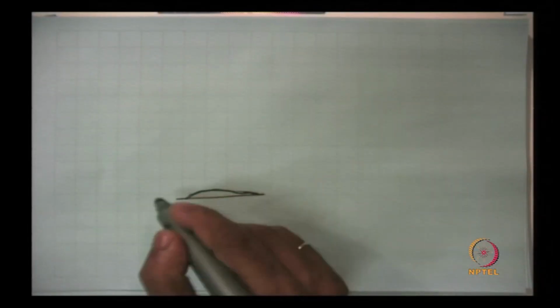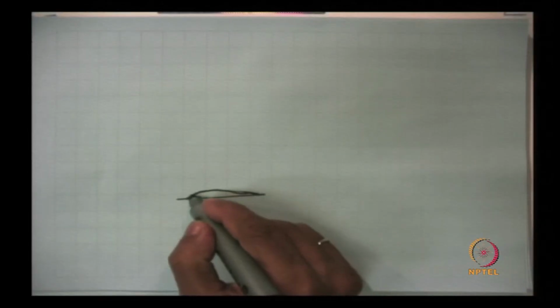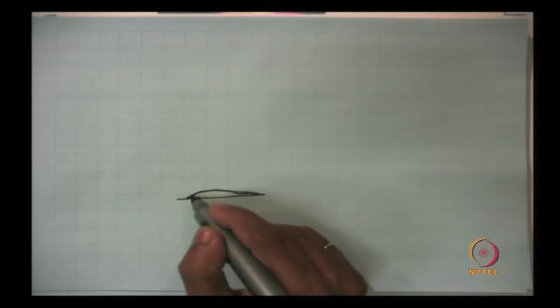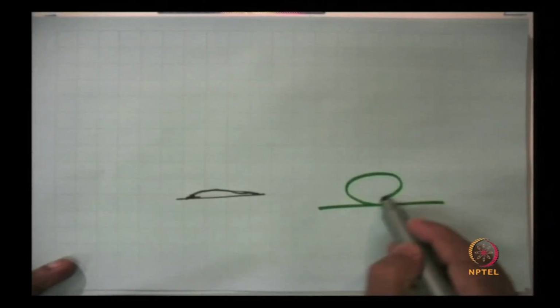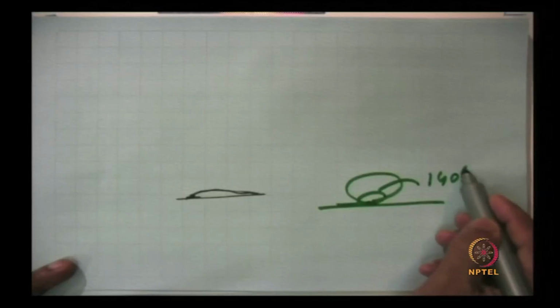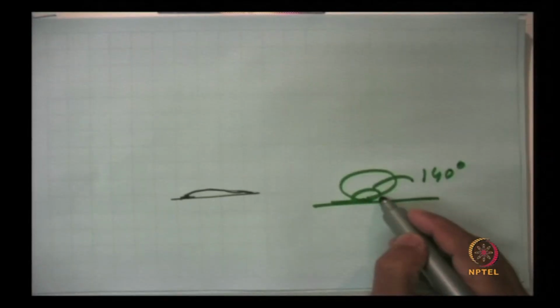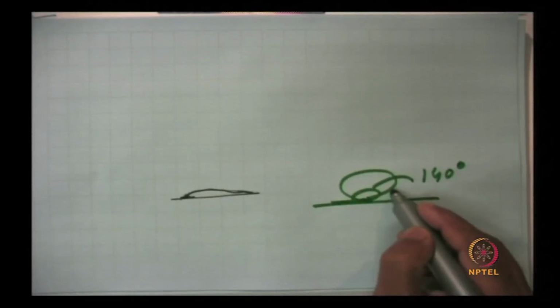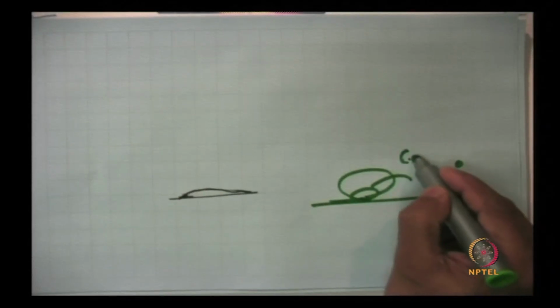You put water and it spreads like this. So, the contact angle, this angle, is 0. But mercury, on the other hand, will form some sort of bubble. This angle is 140 degrees with glass. So, mercury is a non-wetting liquid. This we call the contact angle.